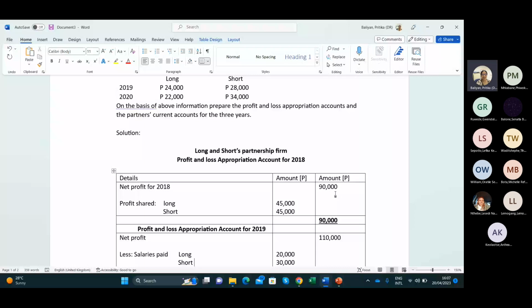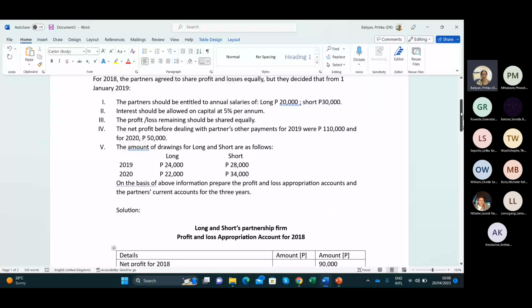Then we have to prepare the profit and loss appropriation account for 2019. How much was the profit for the year 2019? How much profit did the company make? In clause 4, the net profit before dealing with partners' other payments for 2019 is 110,000 and for 2020 is 50,000, right?